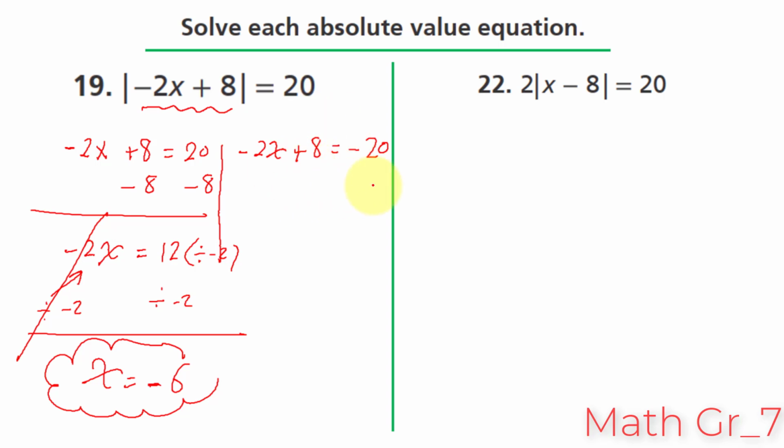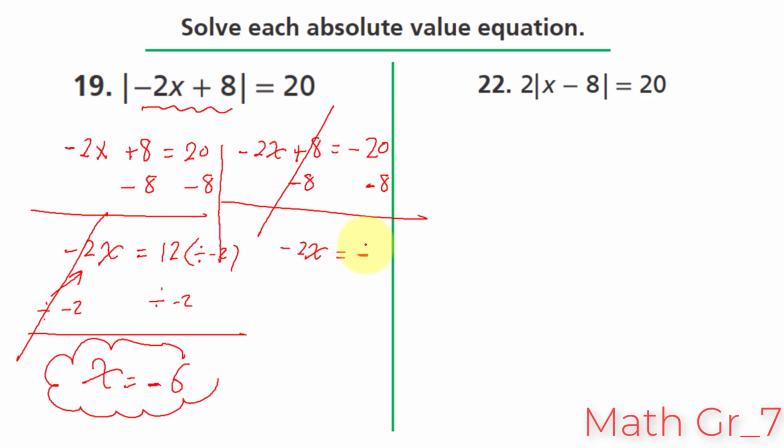Next, it will be the same, but pay attention to the negative sign. Minus 8 on both sides. Now, cancel. Positive 8 minus 8 will be 0. We get negative 2x at the left. Negative 20 minus 8. How can we find the value?